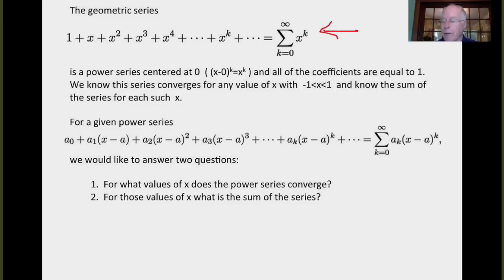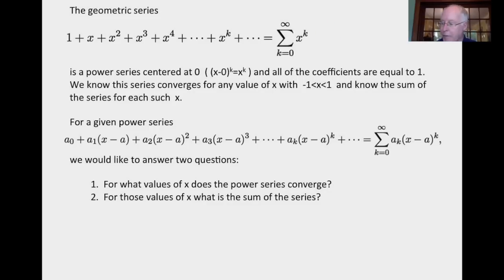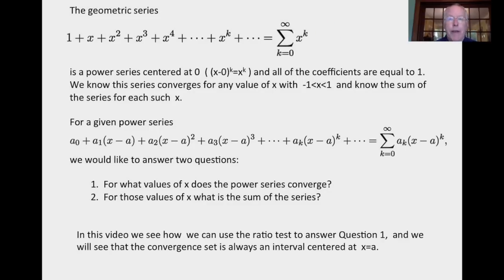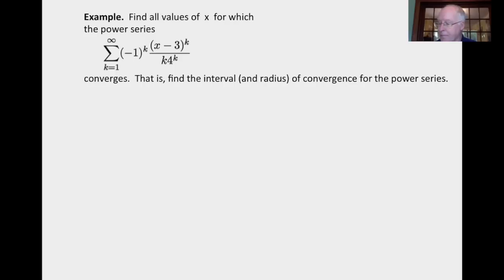It only converges if x is between minus 1 and 1. A second question we might ask is, for the values of x for which the series converges, what is the sum of the series? In this video, we're going to see how we can answer the first question, and we'll see that the convergence set is always an interval centered at a.